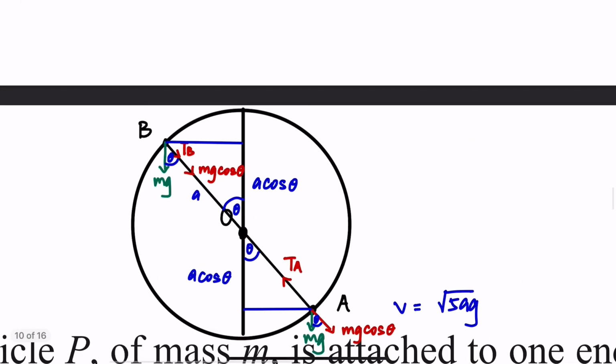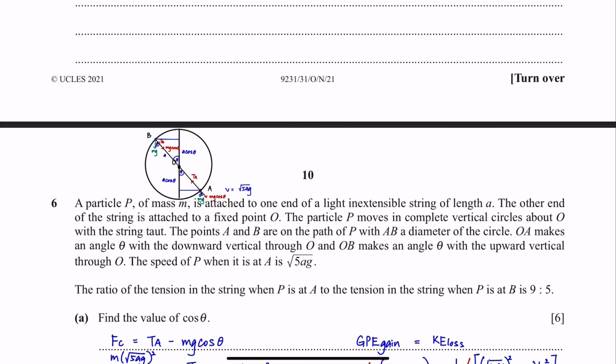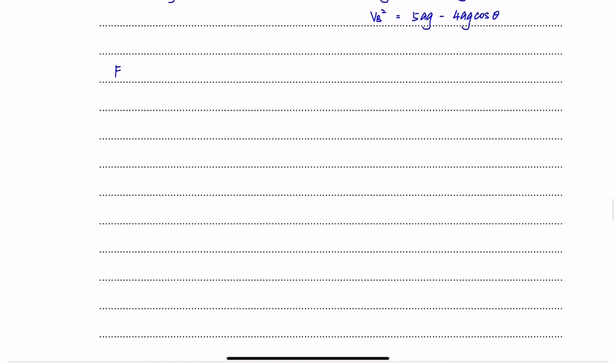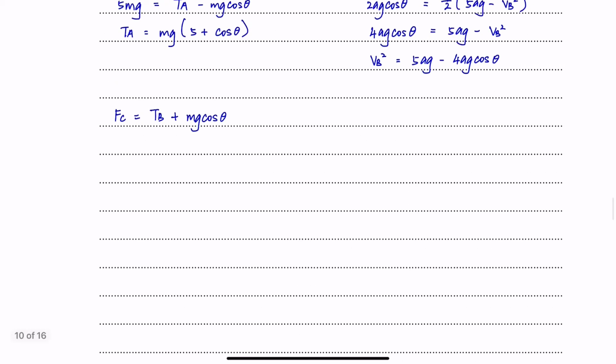So at point B, centripetal force is directed towards the center of circle. So it would be TB plus mg cos theta. So our centripetal force equals to TB plus mg cos theta. And centripetal force is mv squared over r. So m times v squared, which is 5ag minus 4ag cos theta over a.